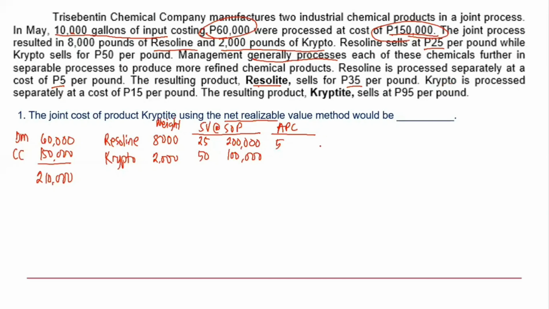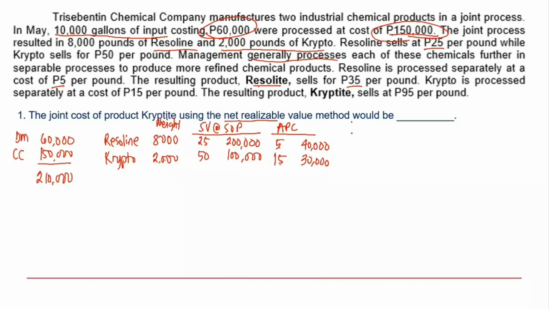Kay crypto, magkano? 15 pesos. Ayan. Magkano yung total nun? 5 times 8,000, that's 40,000. Magkano kay crypto? 15 times 2,000, so that's 30,000. Tama ba yung aking math? Ayan. Okay, additional processing cost.